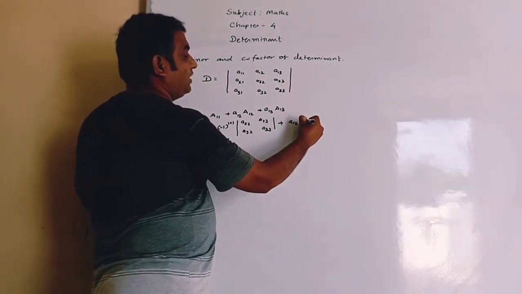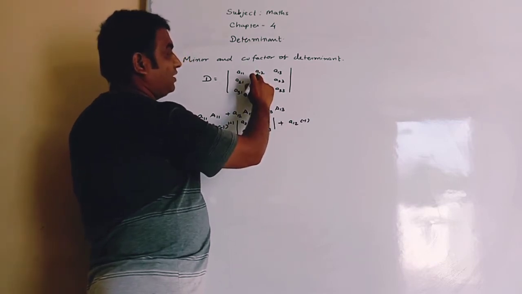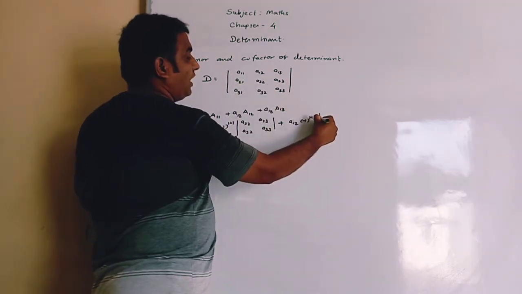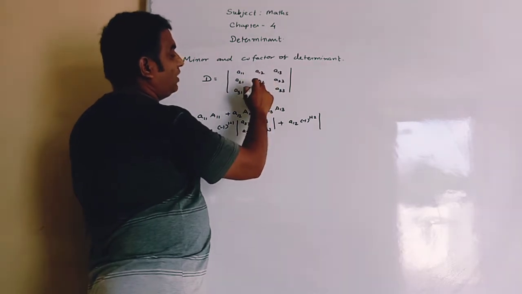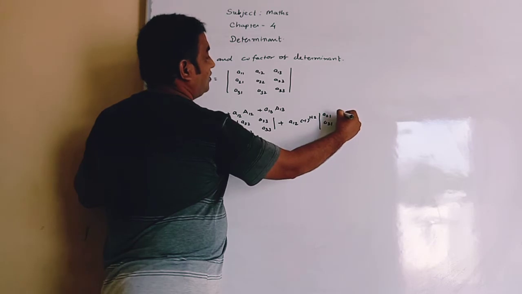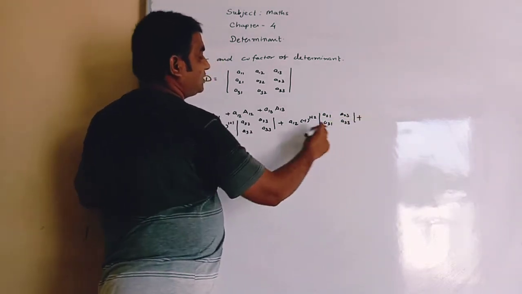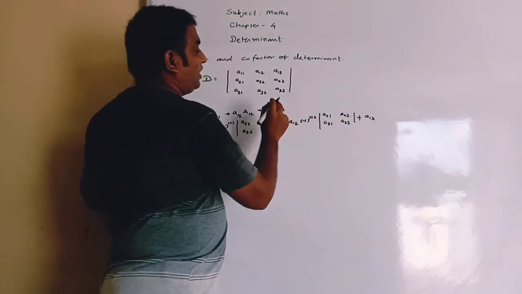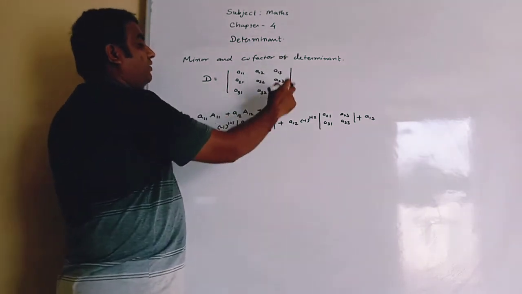Now capital A12 is the first row second element's cofactor, so that is minus 1 raised to 1 plus 2, and removing the row and column of a12, we get a21, a31, a23, a33, plus a13 into capital A13, the cofactor of a13.